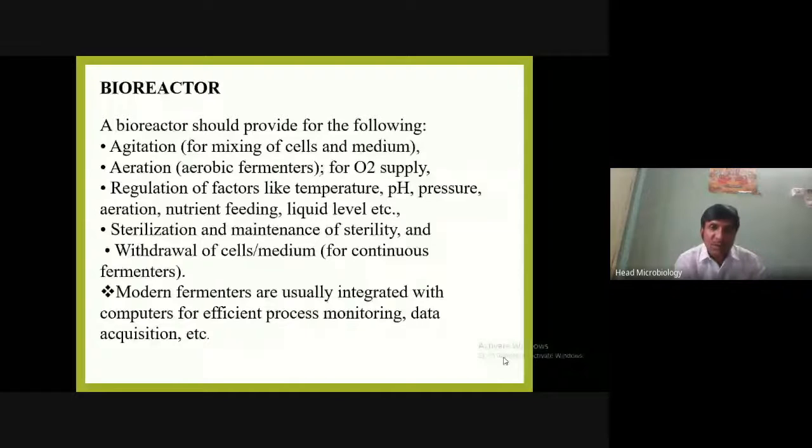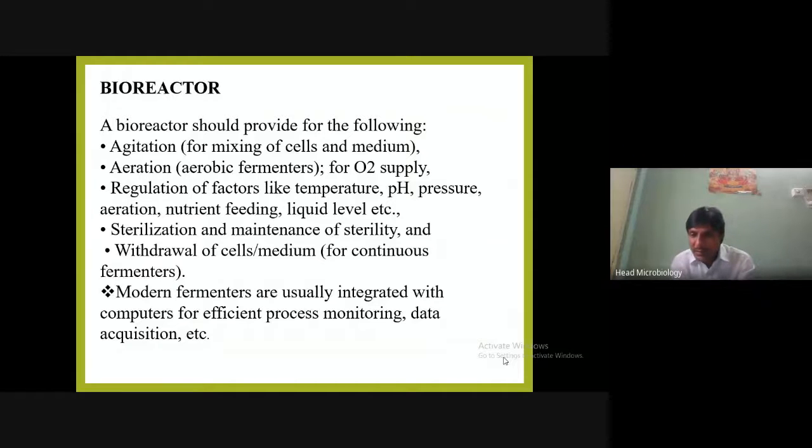Nowadays modern fermenters are usually integrated with computers. At industrial scales, the corona vaccines are produced regularly by companies like Bharat Biotech, which produce lakhs of vials per day.